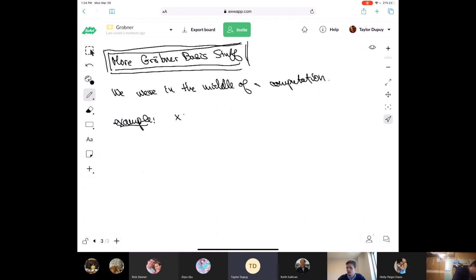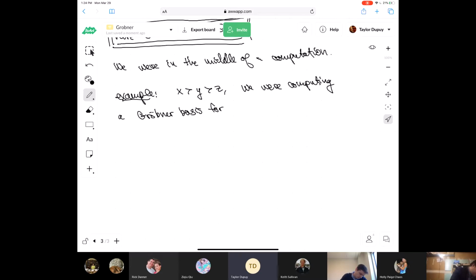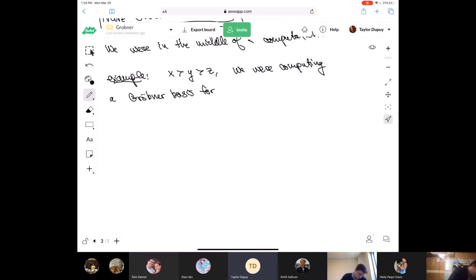We had the term order x bigger than y, bigger than z, and we were computing a Gröbner basis for the ideal generated by G1 and G2.